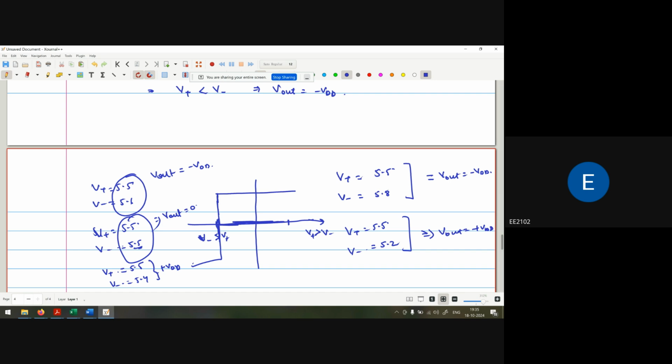Okay, and in between these, where V minus changes from 5.8 to 5.2, it is called the transition state. Okay, getting my point? Yes, sir.